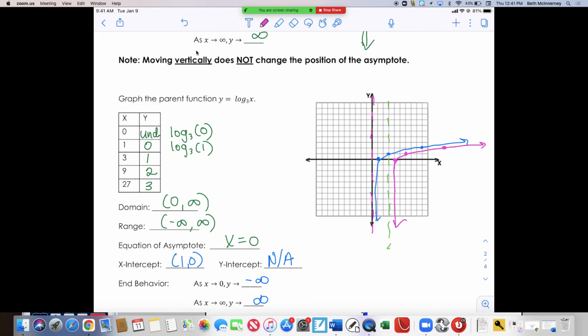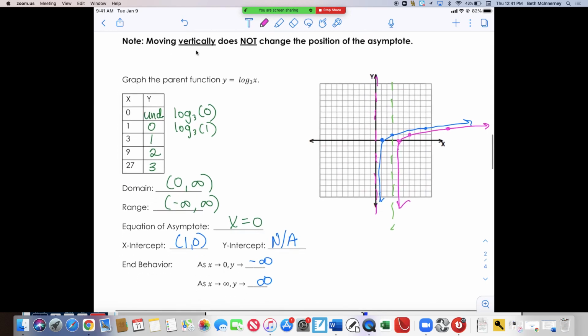So it would look like this. And again, I'm going to scroll back down so you can see the other pieces of information. But big idea, on a graph, you are required to draw the vertical asymptote, just like you did horizontal asymptotes with exponentials. Because that's our boundary. That's what it's getting closer and closer to.